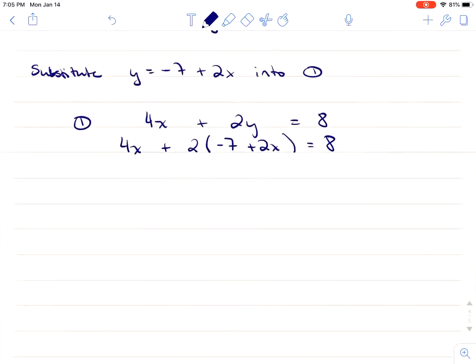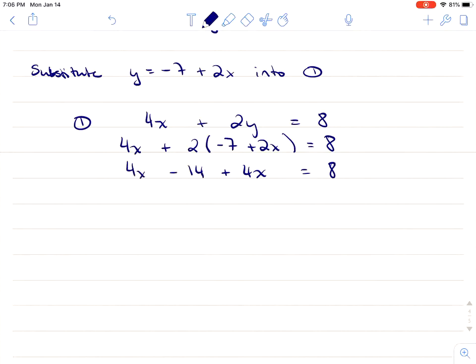Here we can expand and then simplify, collect like terms like we've been doing in the previous sections. So it's all kind of getting applied now. We get 4x, and then plus 2 times negative 7 puts you at minus 14, and then plus 2 times 2x plus 4x equals 8.